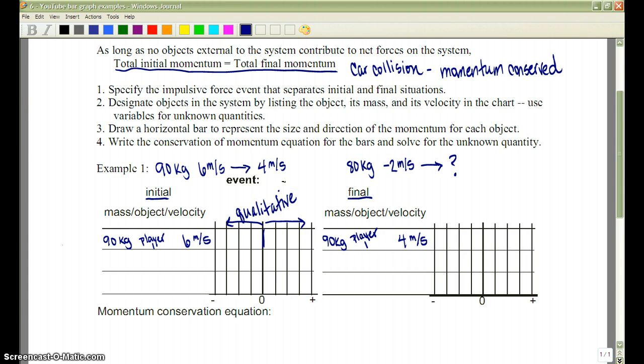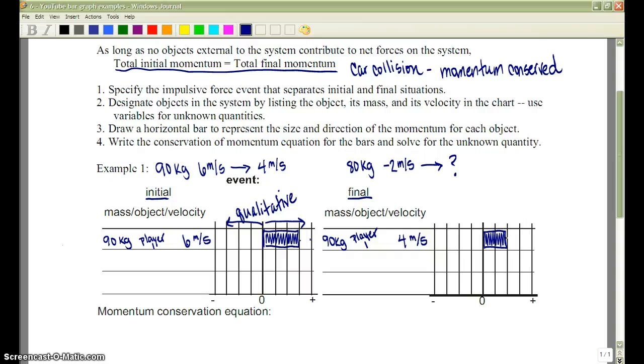Being qualitative, I don't need to know exactly what specific number I should go out to. Notice there's only 4 lines here. So I'm going to say that for the 6 meter per second player, I'm going to have my bar graph go out 3 lines. Then when he's done, on the right-hand side, let's make it go out 2 bars, just to show that he got a little bit smaller.